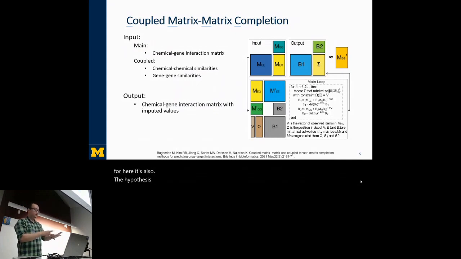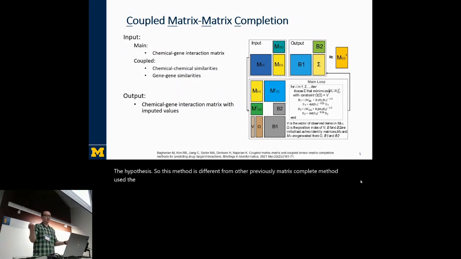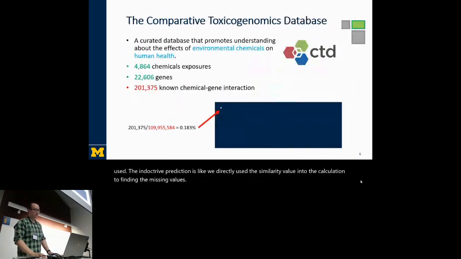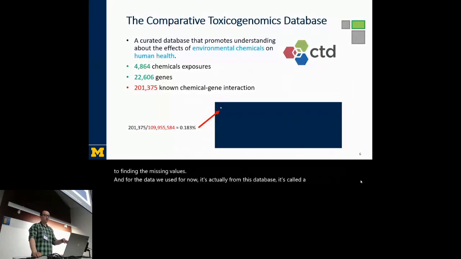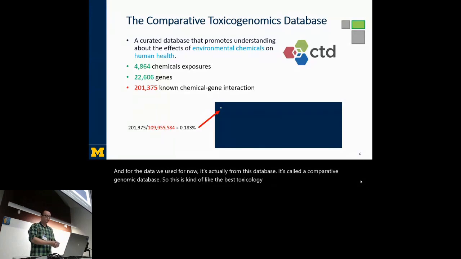This method is different from previous matrix completion methods used in drug target prediction in that we directly use the similarity values in the calculation to find the missing values. The data we used is from the Comparative Toxicogenomics Database, which is the best toxicology database.